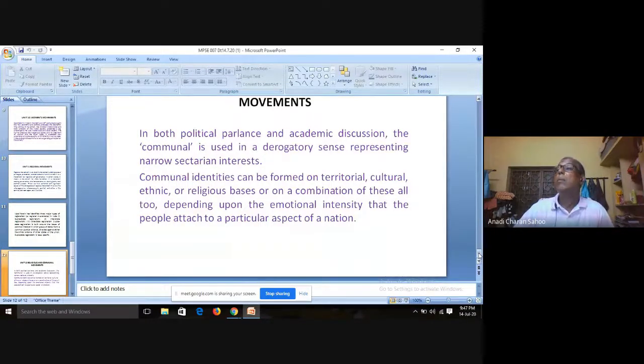This is all about communalism, religion-based community conflict and social movement, collective action of communal groups, and we have concluded units 6 to 12.